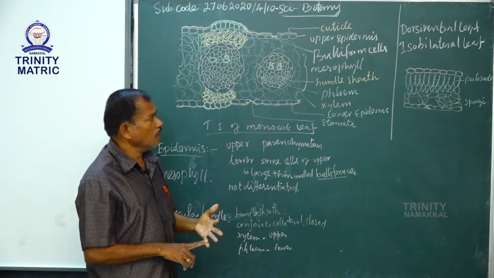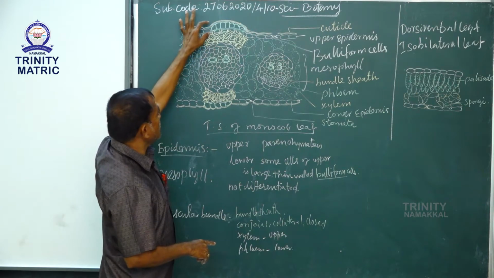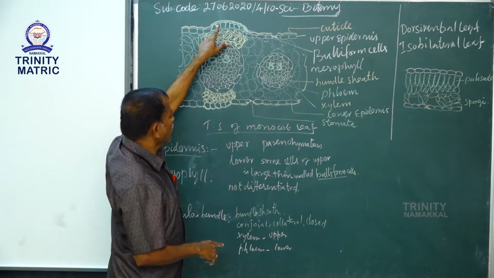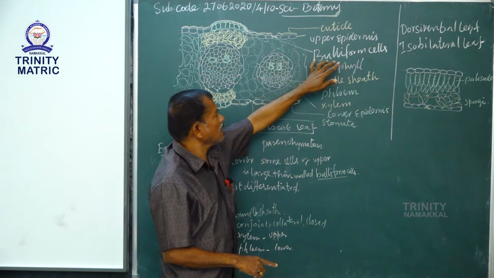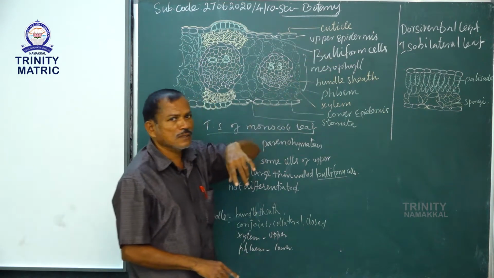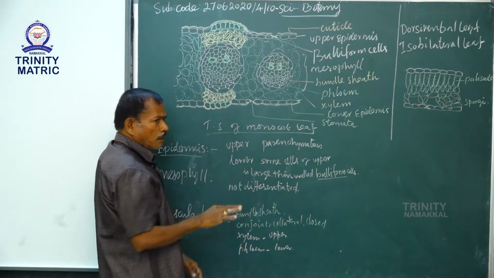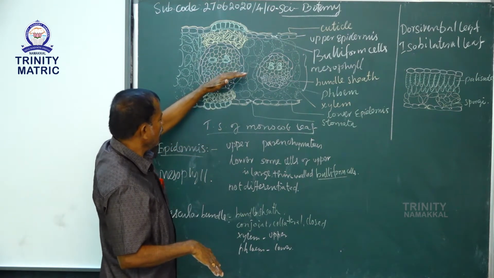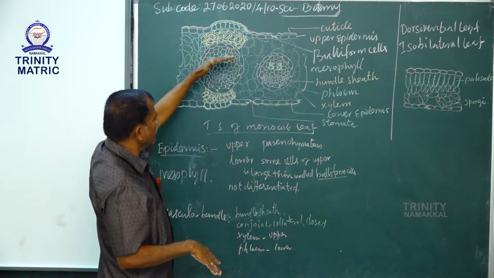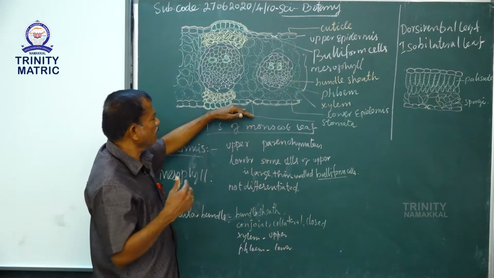In the monocot leaf, in the upper surface of the epidermis, some cells are thin-walled and larger in structure. These cells are called bulliform cells. They are present only in the monocot leaf, remember. And then, as in a dicot leaf, the upper and lower epidermis are thin-walled parenchymatous cells, the same thing.